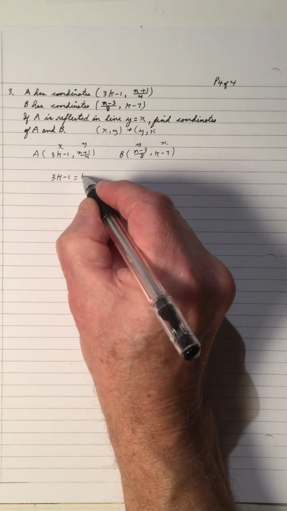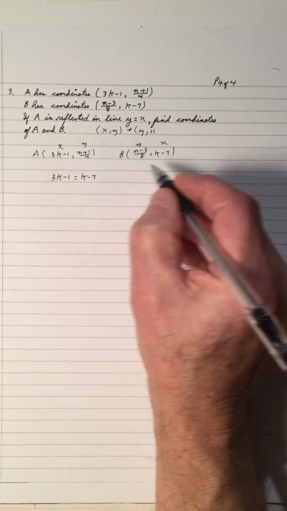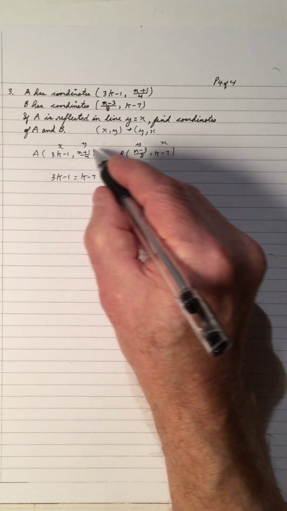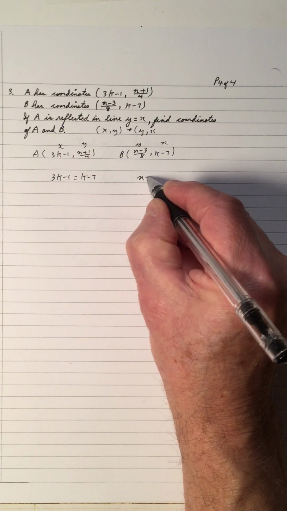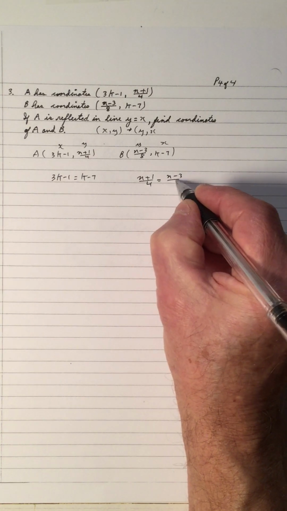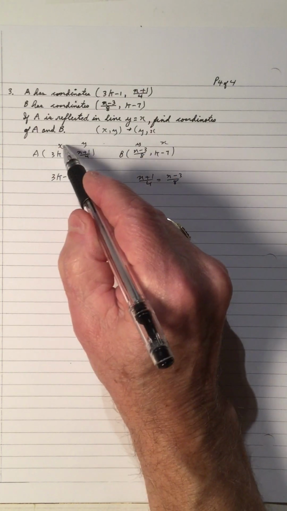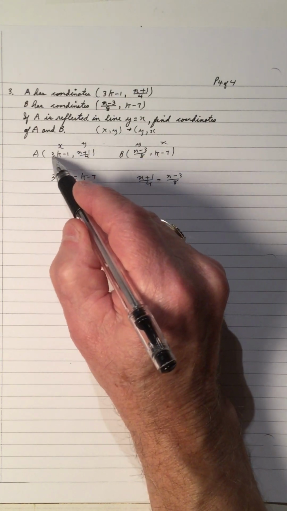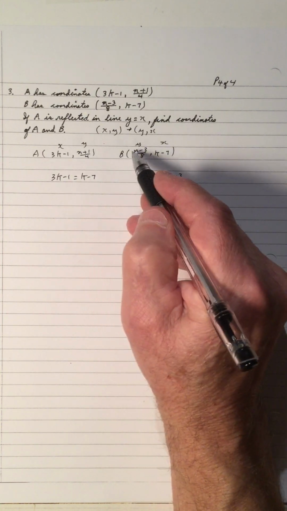So that means that negative 3k minus 1 is k minus 7. And also the y here is the x here. So that means n plus 1 over 4 is equal to n minus 3 over 8. So x is switched. So whatever this value is here, is right here. So we make these two equal. We make those two equal.